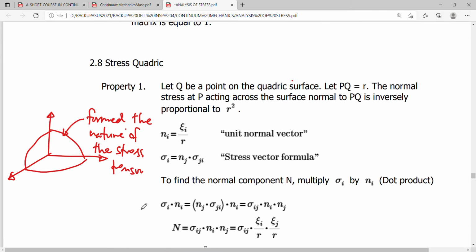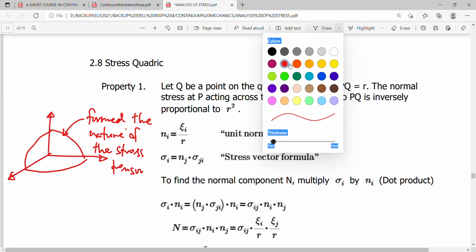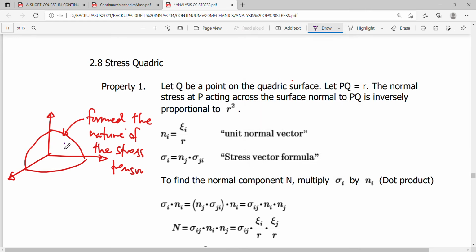how the quadric surface is derived from the fact that if we let Q be a point on the quadric surface. Let's say I make use of this figure to represent a point Q here, and let P be the point reckoned from the origin there.